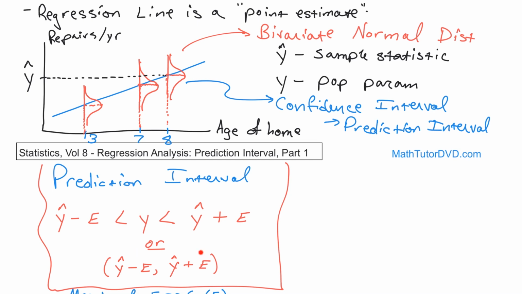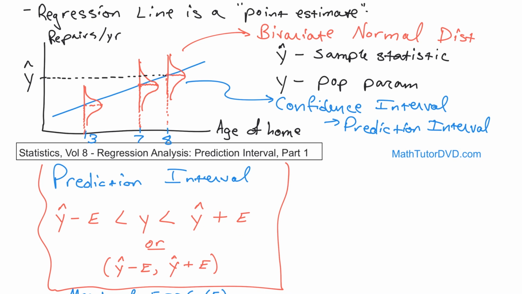That's going to be a lower bound and an upper bound. This interval says, for example, that we're 95% confident that the population of all homeowners that have 8-year-old homes is going to give us an answer between this and this for the number of repairs per year that their home has. And we're 95% sure that all respondents are going to fall between these values.